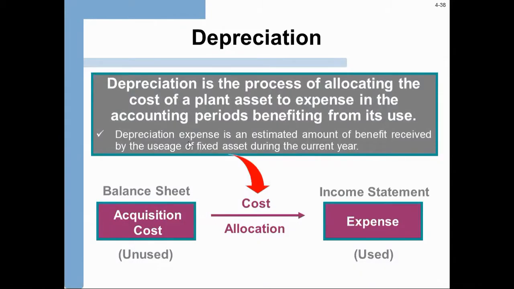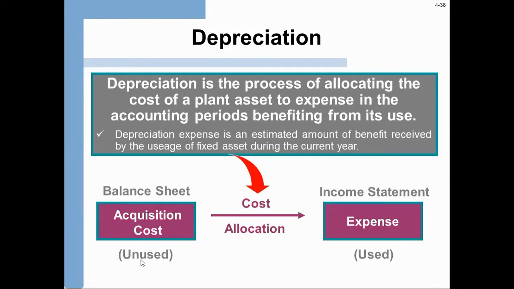In order to calculate the depreciation, you can see over here what we are doing basically: we are recording the cost of the plant in our balance sheet as acquisition cost. When we record the cost in our balance sheet, we have not used the plant for its useful life, but we are recording it as our asset.